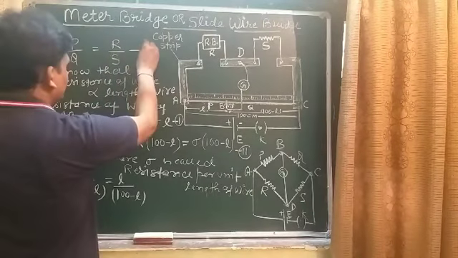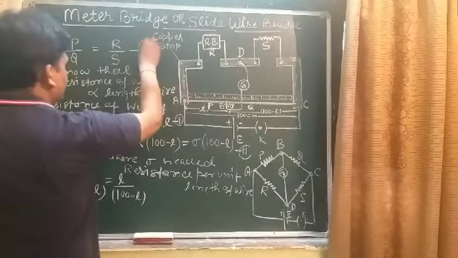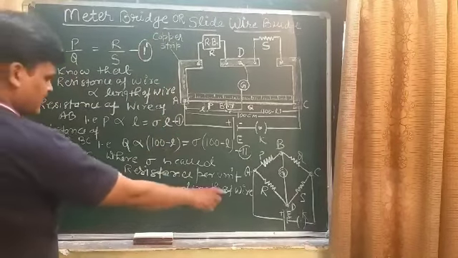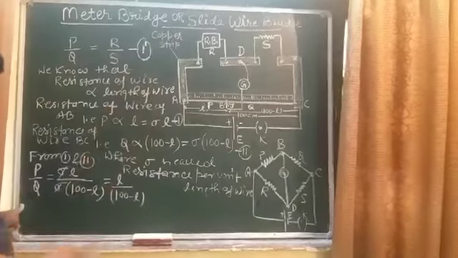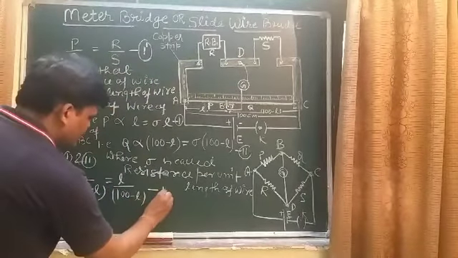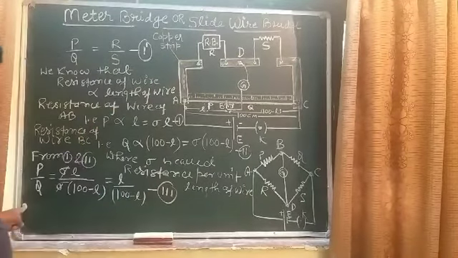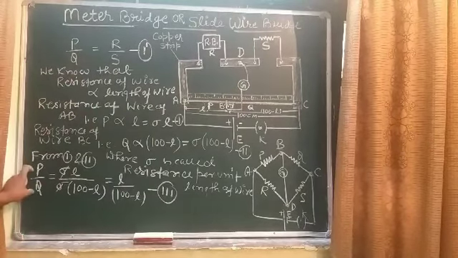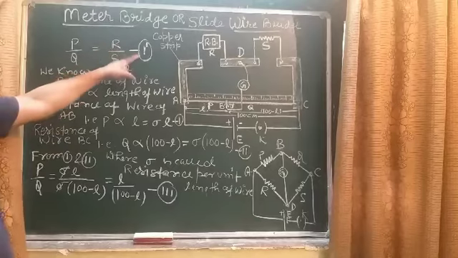Suppose this is equation 1 dash, because we have already taken 1 and 2 here. You can change it. So this is equation number 3. Now, put this value of P by Q in equation 1 dash.